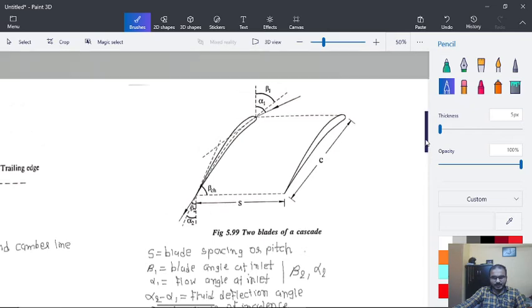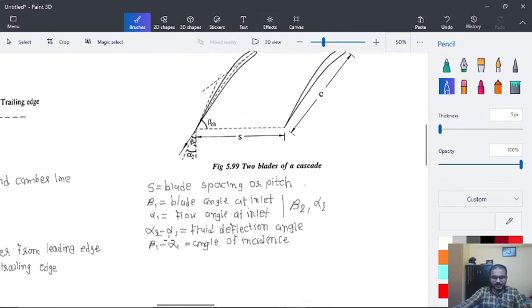It can be seen from the figure here that the difference between beta 1 and alpha 1 is incidence angle, that is this one. And when we take the difference between alpha 2 and alpha 1, it gives us the fluid deflection angle. The meaning is that it is a difference between two flow angles. So it says how much the fluid is being deflected when it passes through this blade.